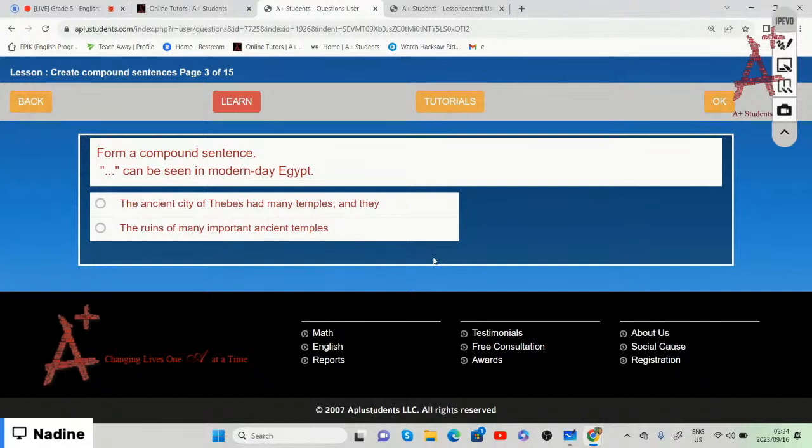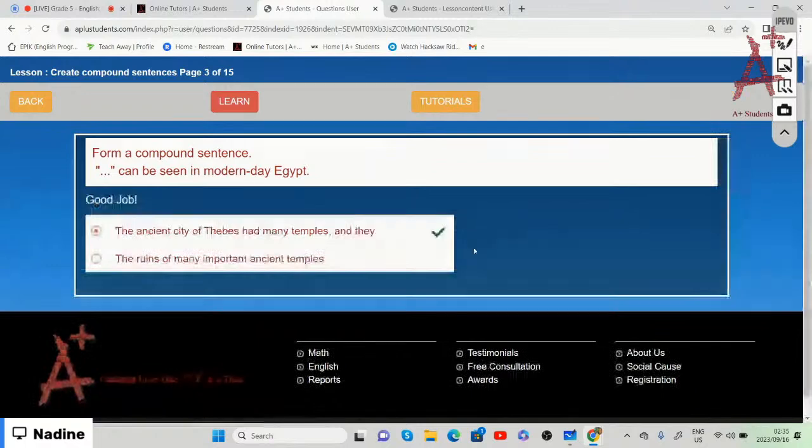We're going to choose this one: the ancient city of Thebes had many temples and they can be seen in modern day Egypt, because the word and, comma, and, is joining the two sentences. Because remember, we are creating compound sentences.